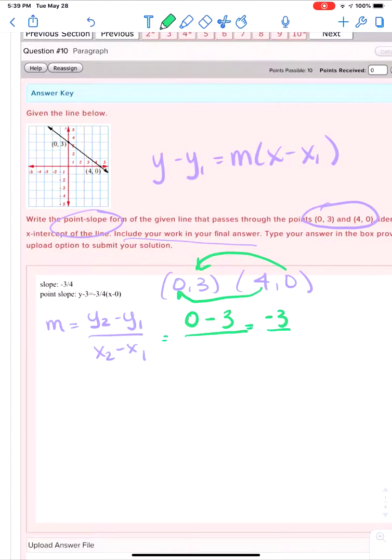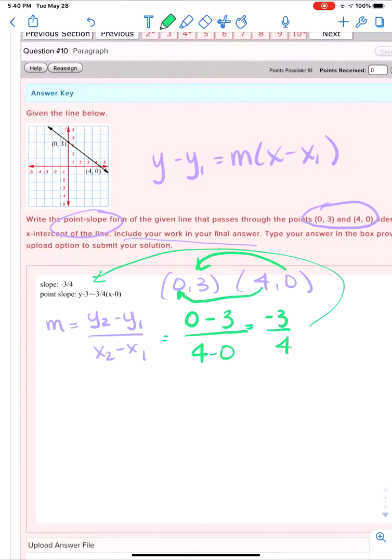And on the bottom, it's going to be 4 minus 0, which is 4. Now, I'm not disputing that you said that answer up there. But if you don't show your work for it, I can't give you the points for solving the problem. So part of the issue on some of these is just not having the work there so I can follow your train of thought.